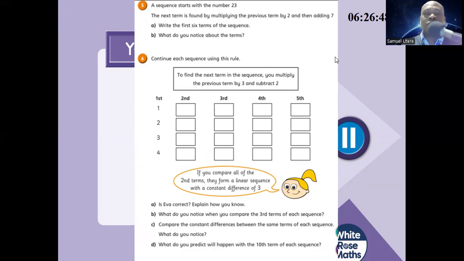Sometimes the rule to describe it will be really easy. Maybe you're just using one maths operation. But sometimes, remember that to generate the rule, it could be using more than one maths operation. For example, remember in our very first example we looked at, you can be adding 5 and then multiplying by 10, or you can add 10 and then double.